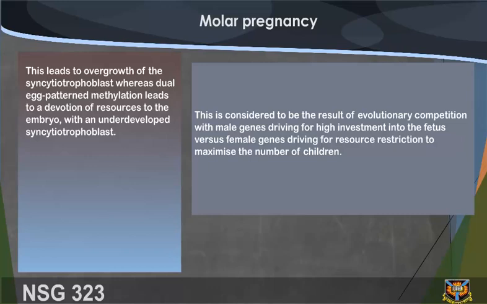This is considered to be the result of evolutionary competition, with male genes driving for high investment into the fetus versus female genes driving for resource restriction to maximize the number of children.